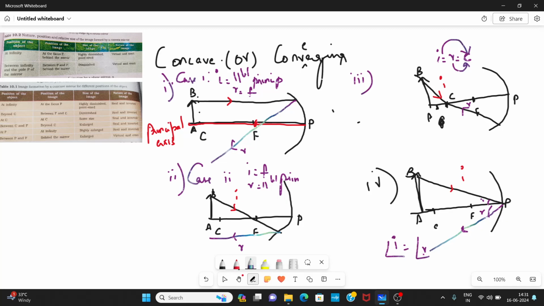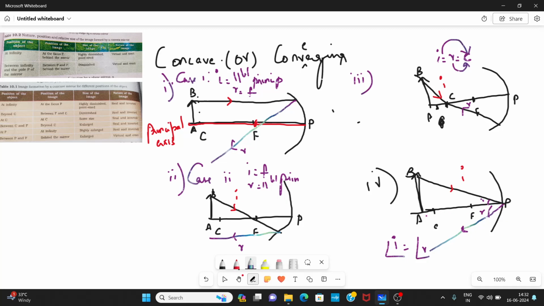So that is your law of reflection, right? If the normal, the incident ray, and the reflected ray all lie on the same plane, and the angle of incidence is equal to the angle of reflection, that is the law of reflection, and this also obeys your laws of reflection.